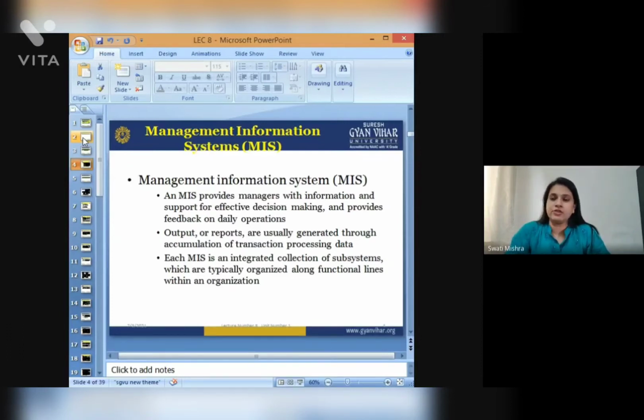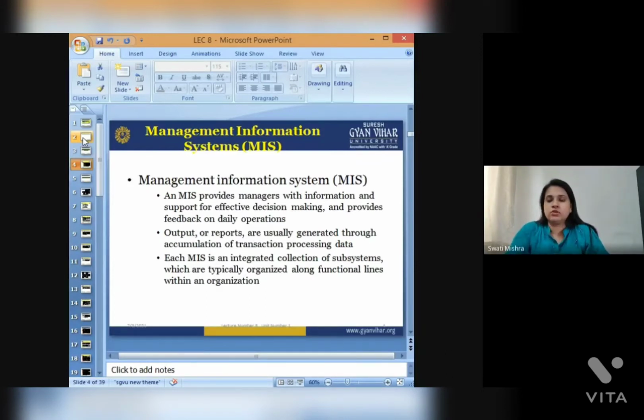And if we try to understand the role of MIS, it is providing managers with information and support for effective decision making, and also provides feedback on the daily operations that are carried out in an organization.